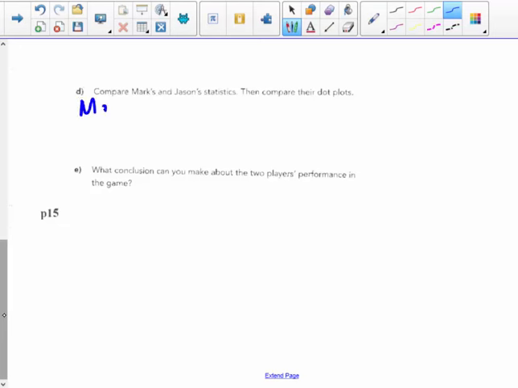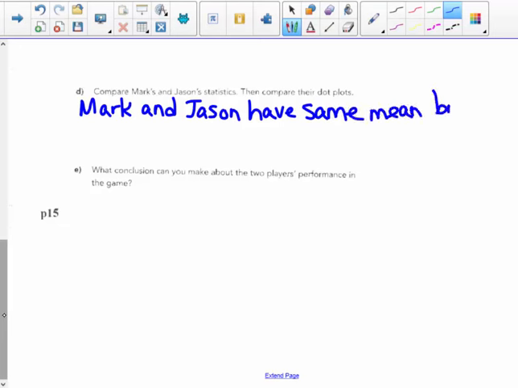So Mark and Jason, as we saw, have the same average, or the same mean, but different mean absolute deviations, different MADs.